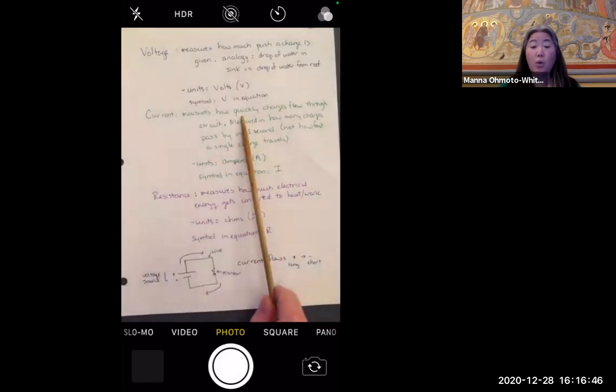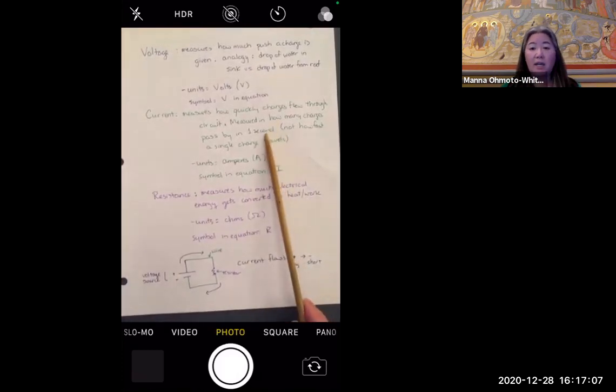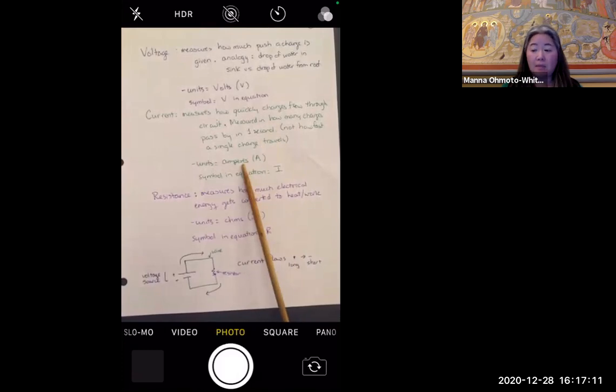We measure it not by following one charge all the way through and seeing that as my velocity, but kind of like somebody standing by and counting how many people pass by. That's how we measure current: by how many charges pass by in a second. The units are amperes or amps, and the capital A is what we use for the units. The symbol in the equation is I.